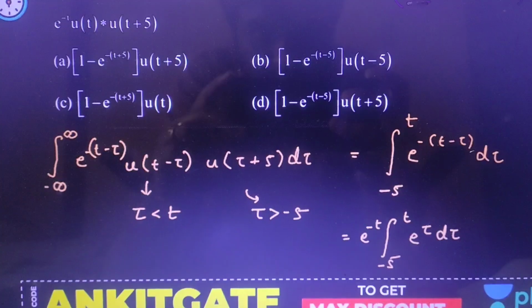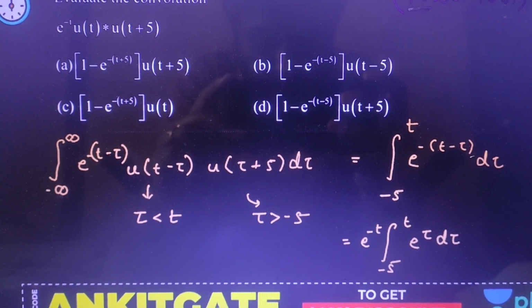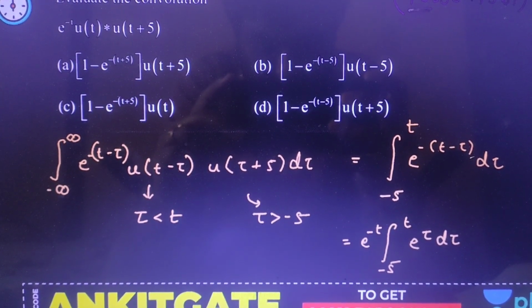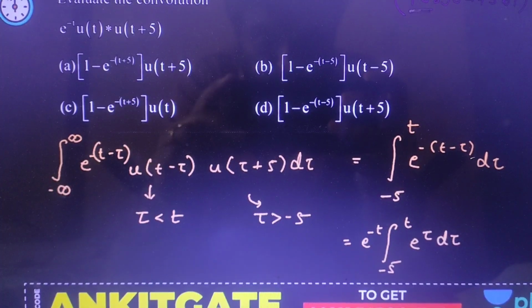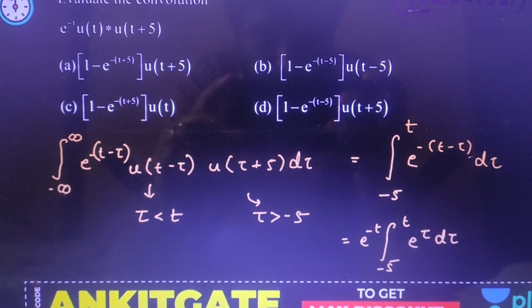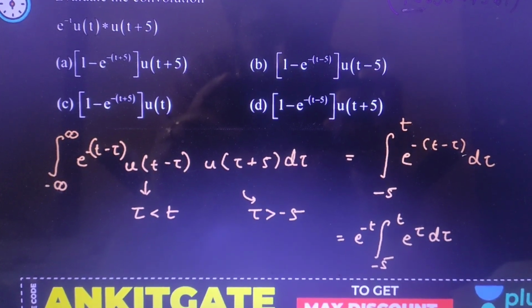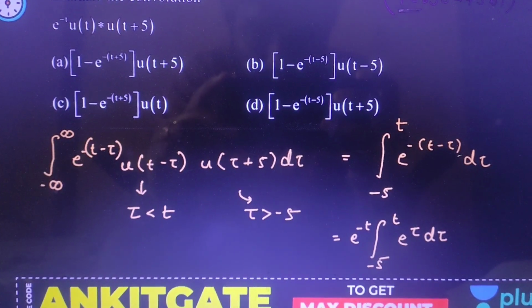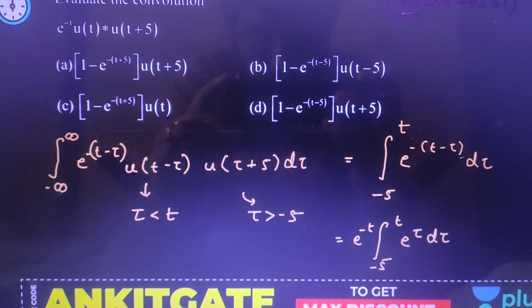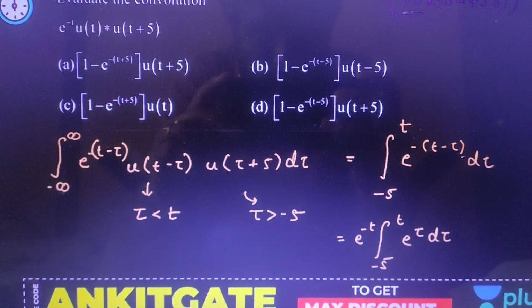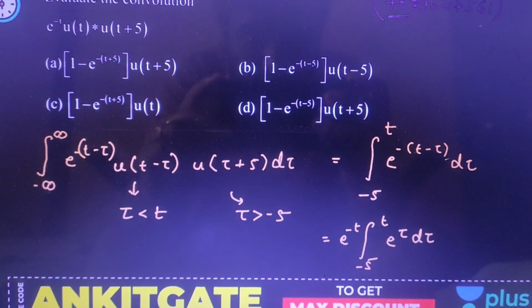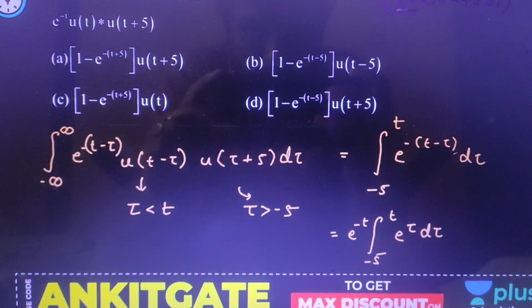U of t minus tau represents that the value exists only for tau less than t. U of tau plus 5 represents that the value exists for tau greater than minus 5. So finally the value exists from minus 5 to t, e power minus of t minus tau d tau.